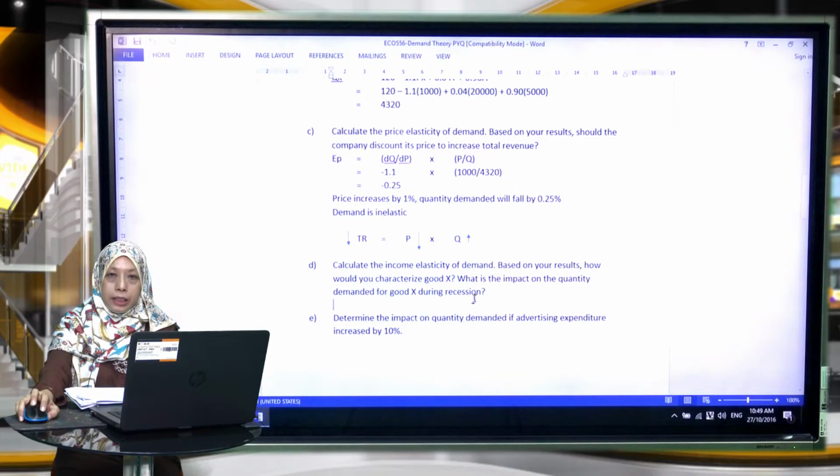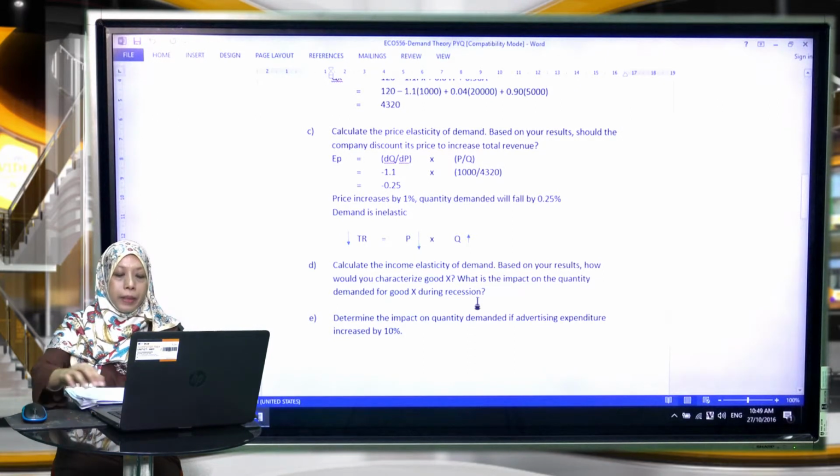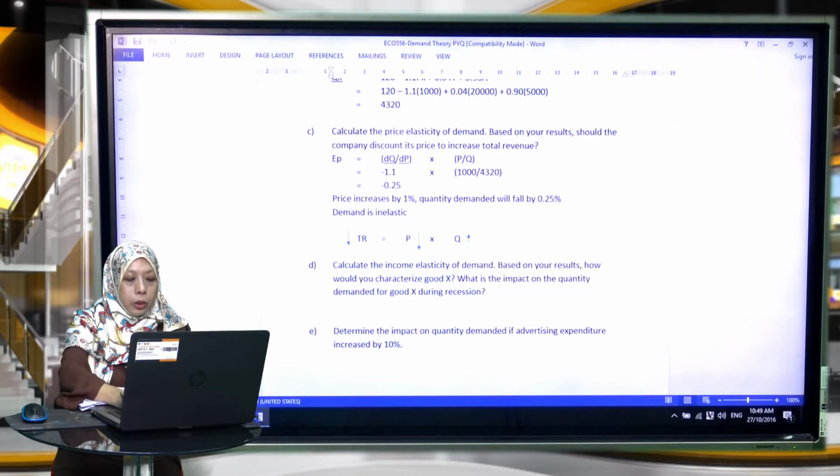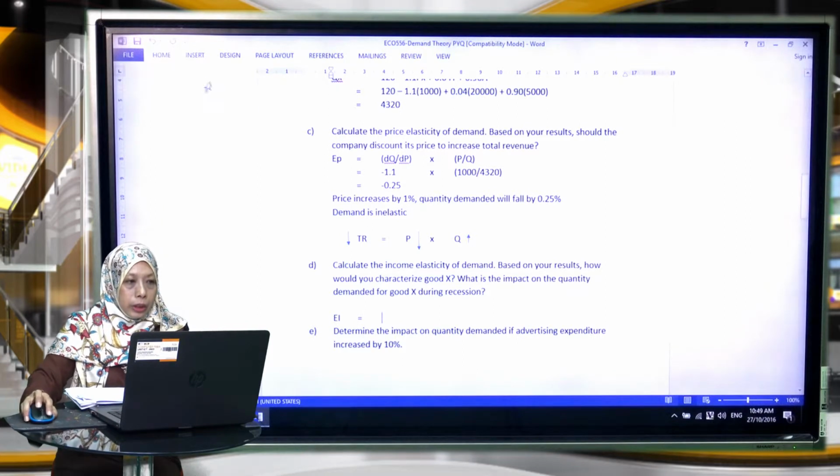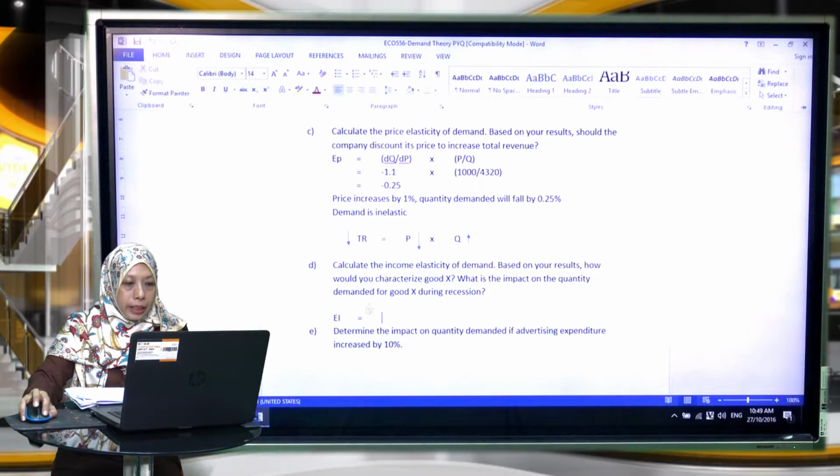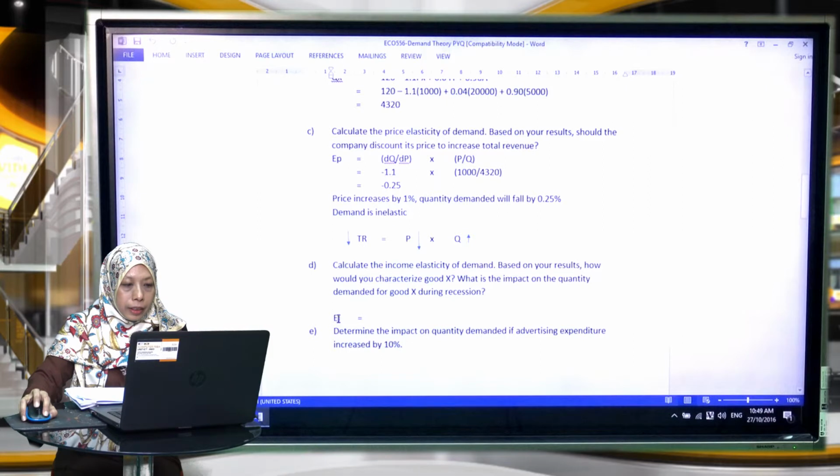Now the next question wants you to calculate the income elasticity of demand. To calculate income elasticity of demand, you need to use the point elasticity formula.